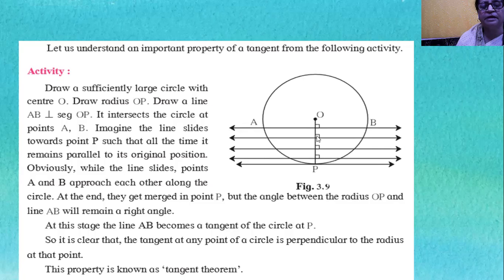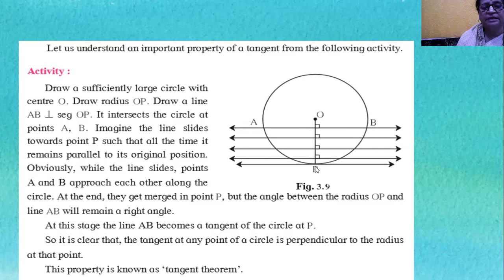This line passes here and reaches the point P. When it reaches point P, there is no other distance and it is one single point, and this is a tangent of this circle and it is perpendicular at this point. That means AB becomes the tangent of the circle at point P.